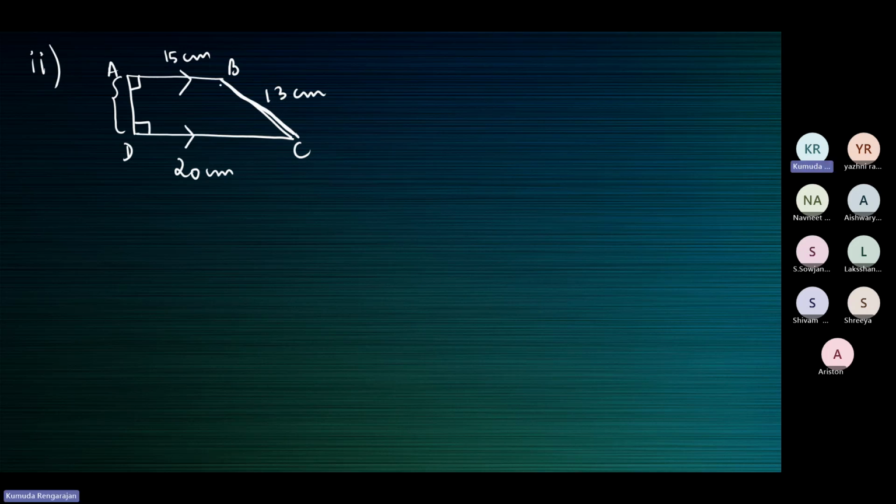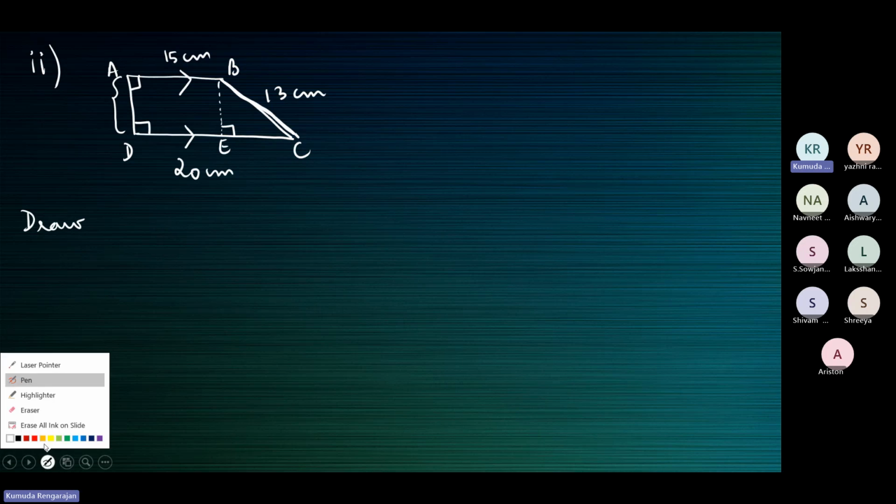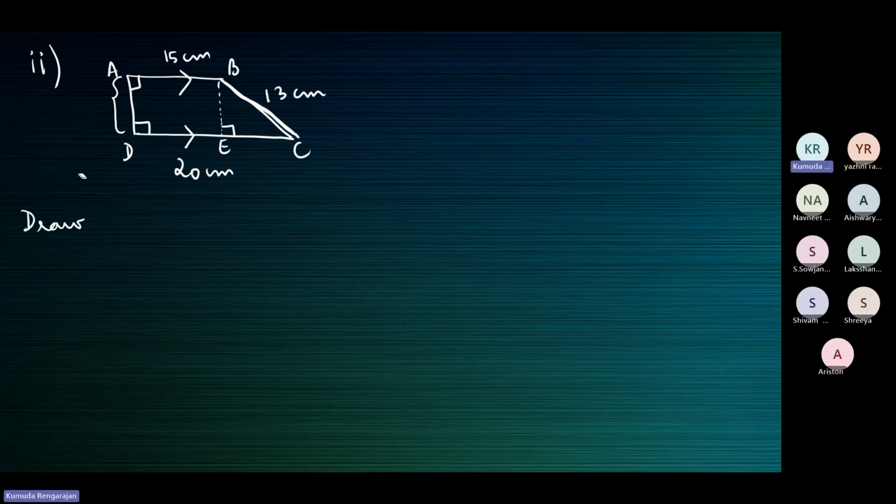So you need to construct, draw BE. You need to draw the figure again, children. That's important. If you do it in the question figure, then you will not know what was given and what you have constructed. So draw the figure again in the solution and say draw BE perpendicular to DC.